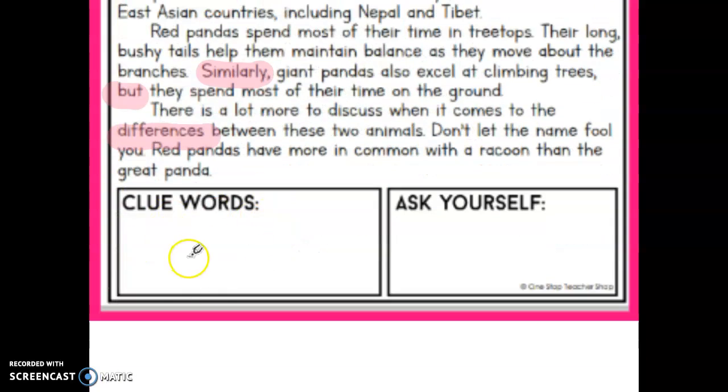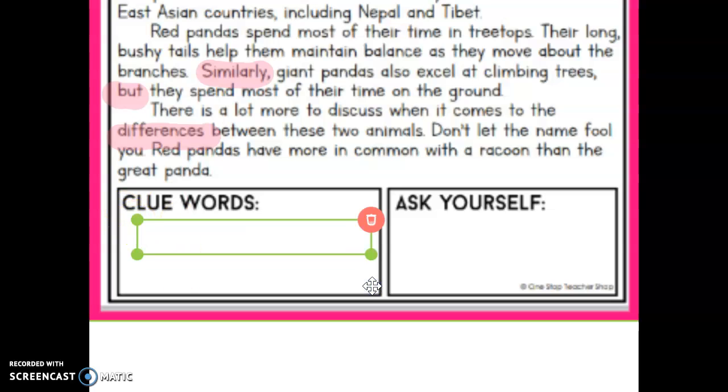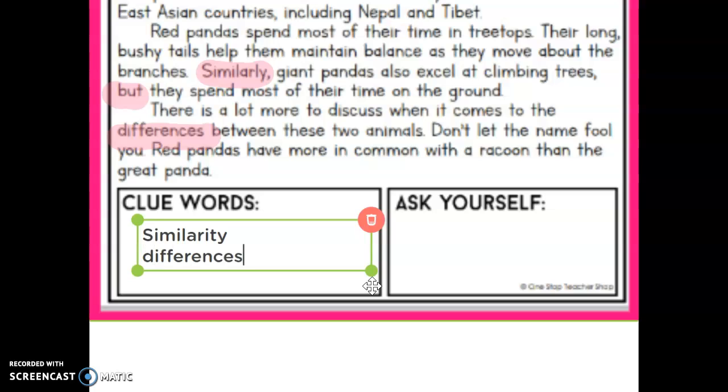Now we highlighted all of our clue words, but we can type some of the big ones in here. Similarity, differences, and we'll put however in there.